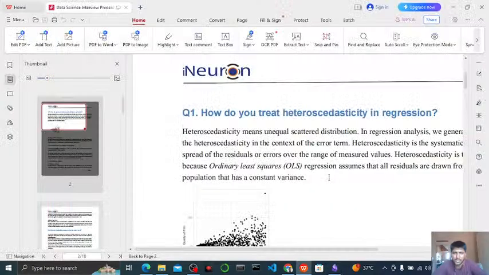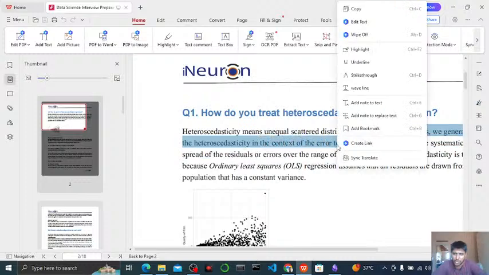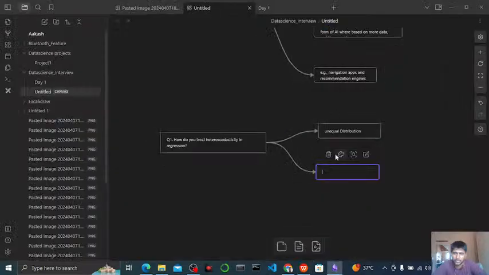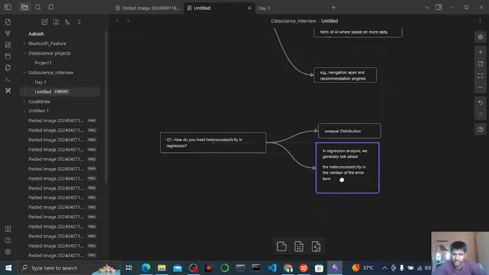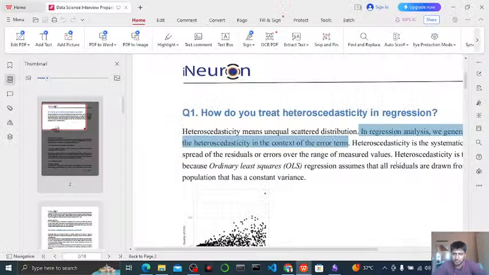Another part is that in regression analysis, we generally talk about heteroscedasticity in the context of the error term. So you can just expand this: in regression analysis, heteroscedasticity is talked about in the context of the error term.